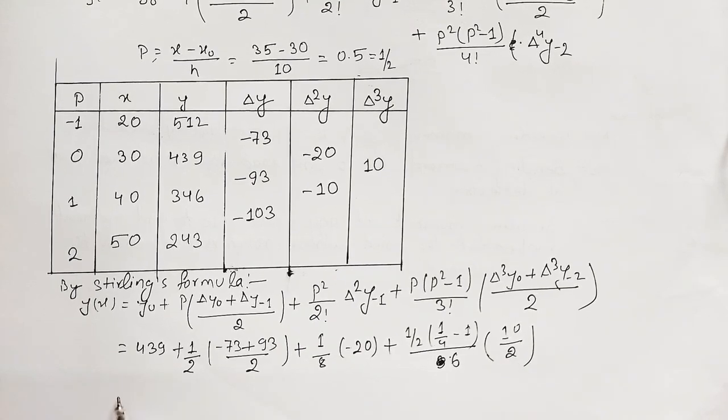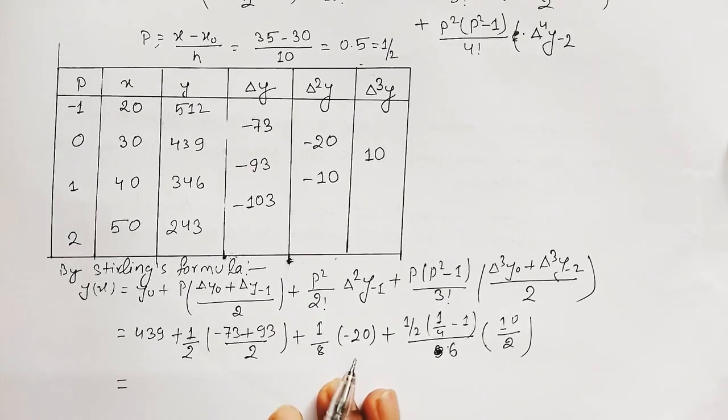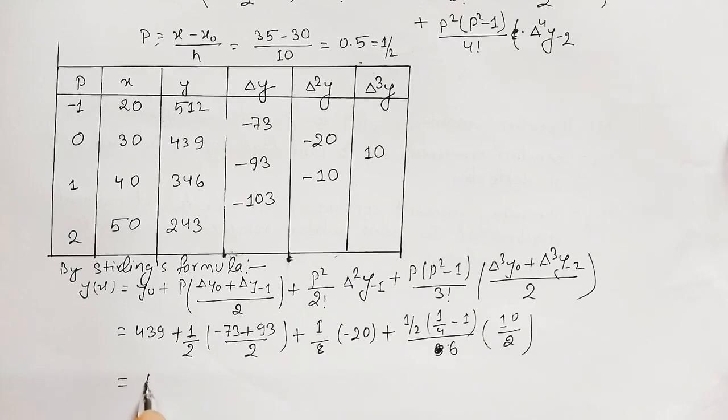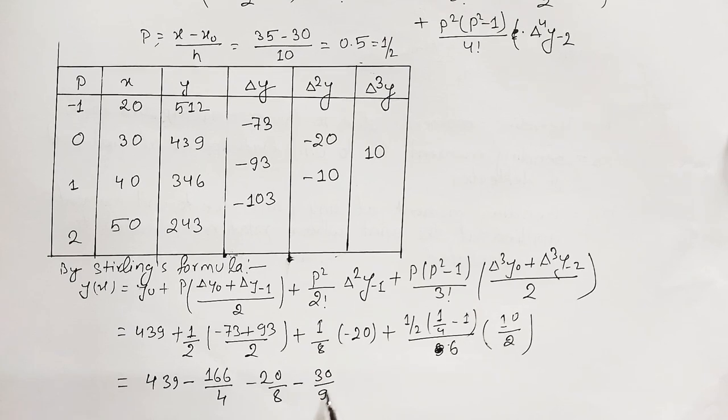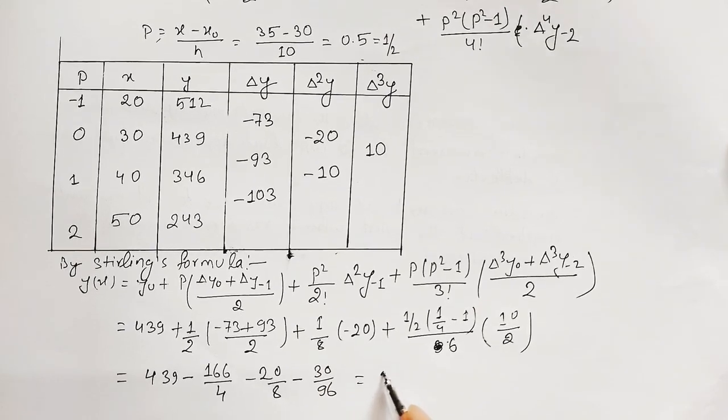So I am going to add one more step of the solution, that is 439 minus 166 upon 4 minus 20 upon 8 minus 30 upon 96. Now do the LCM, or you can simply use the calculator also, simply convert these into decimal.